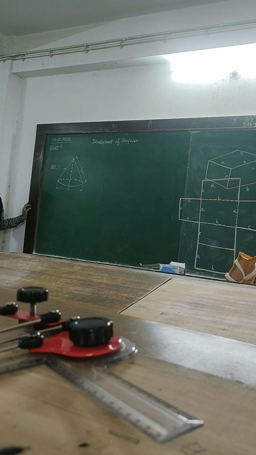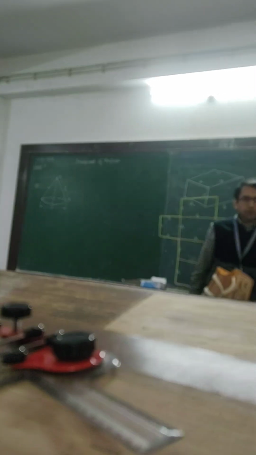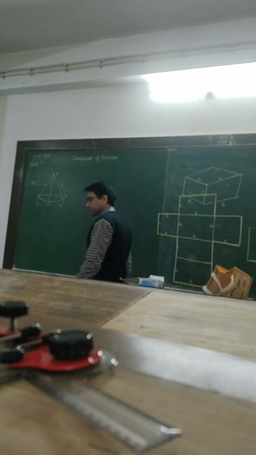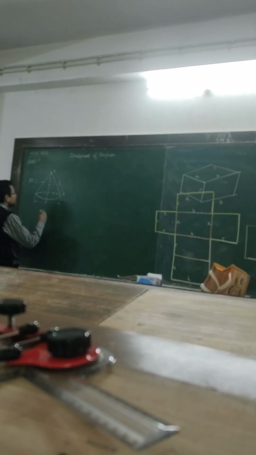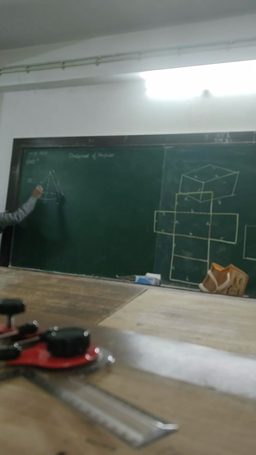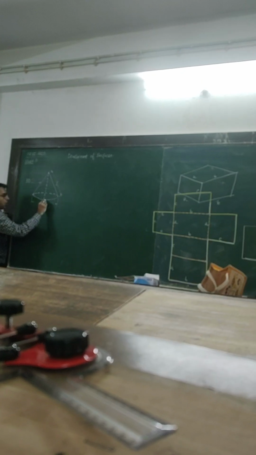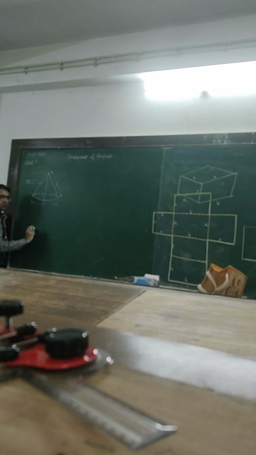Now, when you unwrap, what will it make? It will be unfolded. One idea is that from this vertex, all the points on this periphery are equidistant.